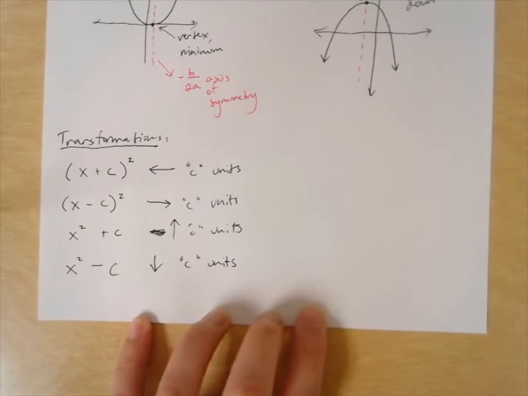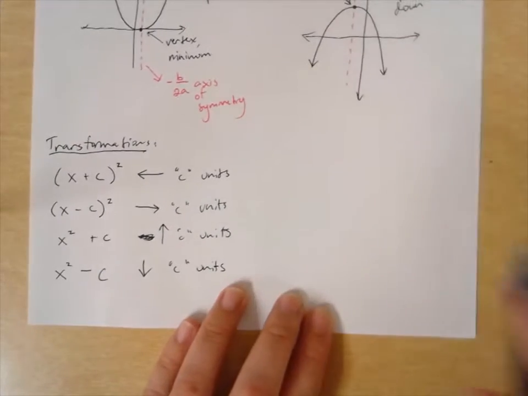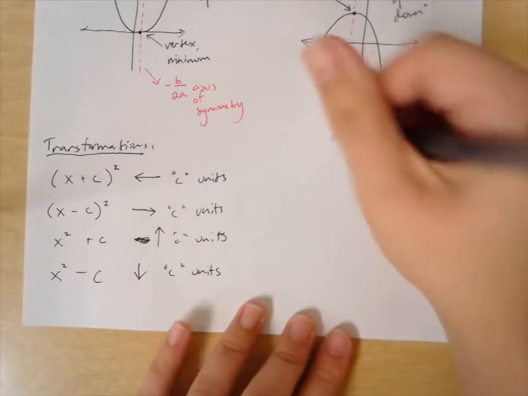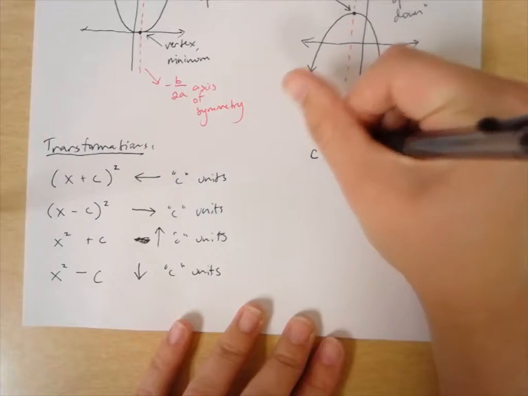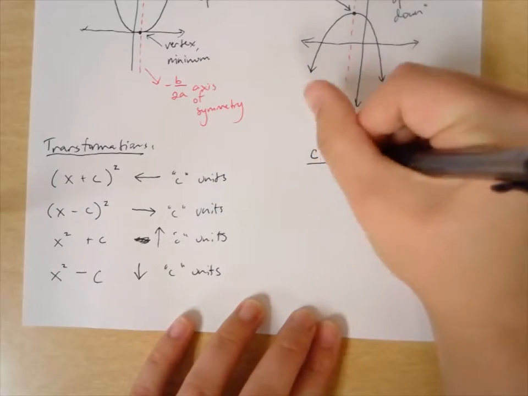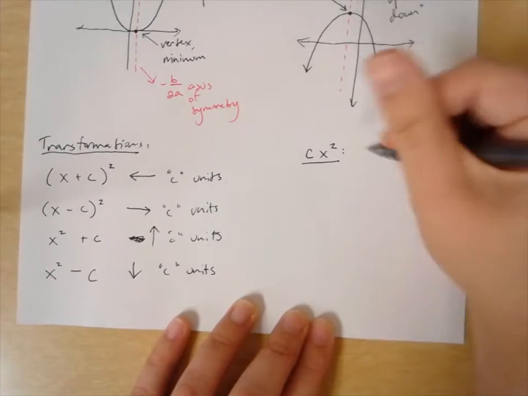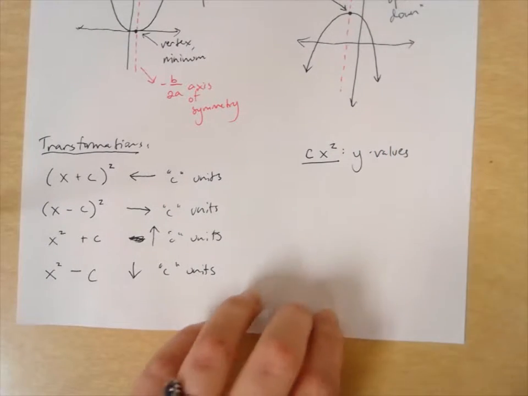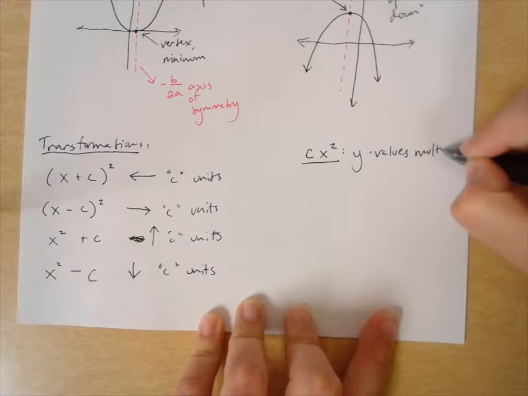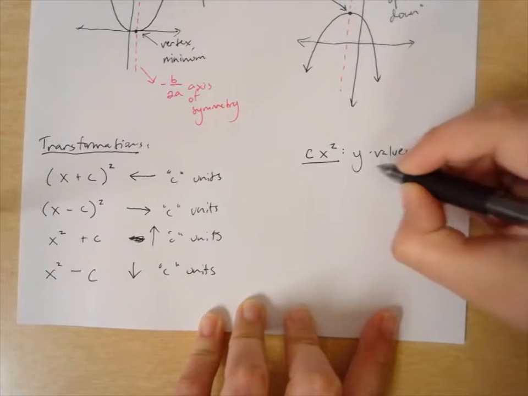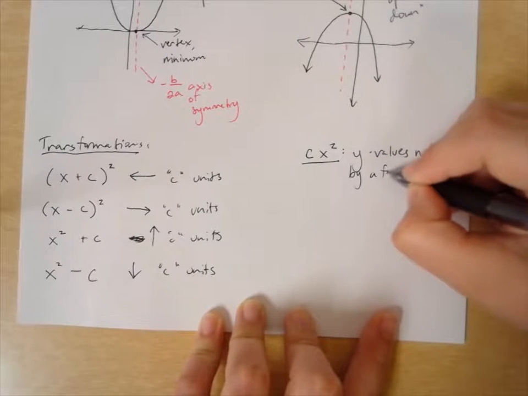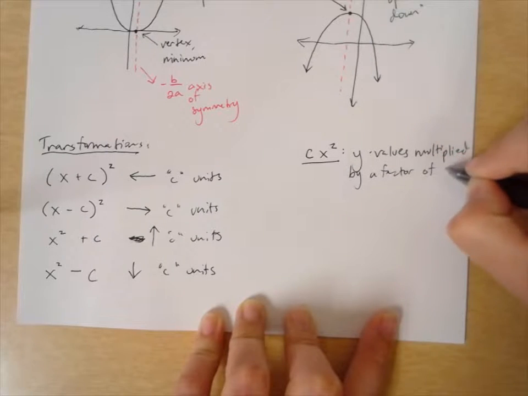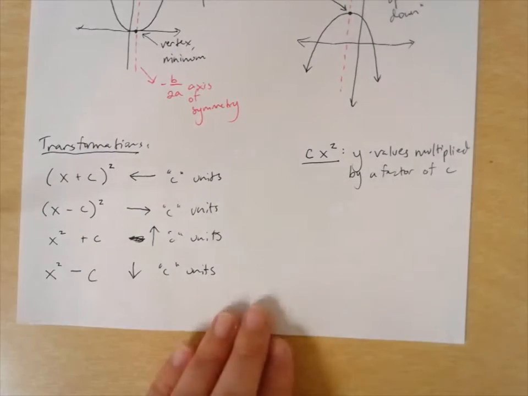There's one last transformation we should talk about. If we have a c in front of x squared, that means our y values are multiplied by a factor of c.